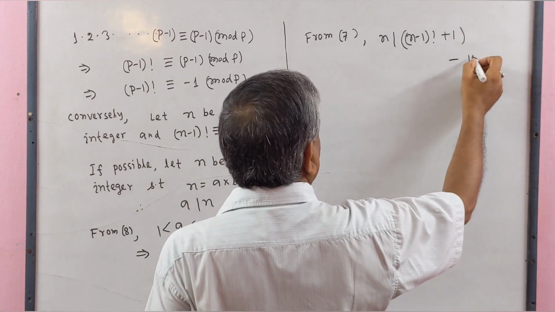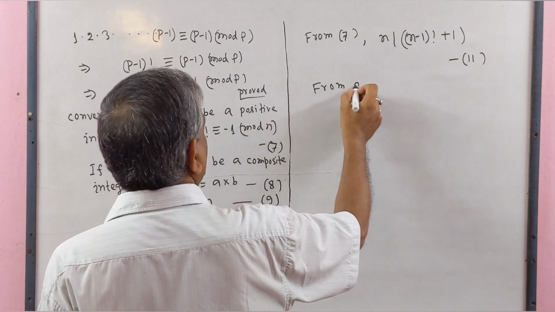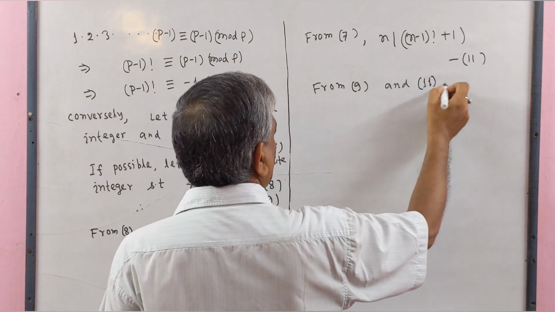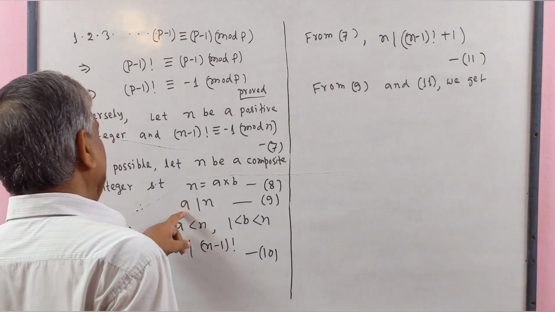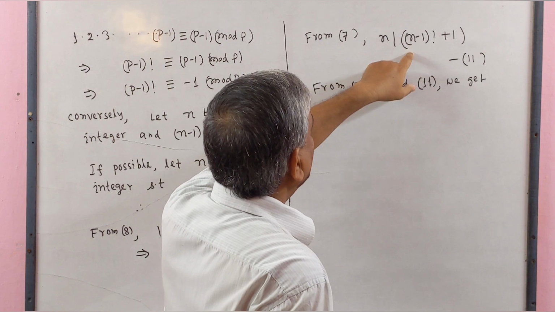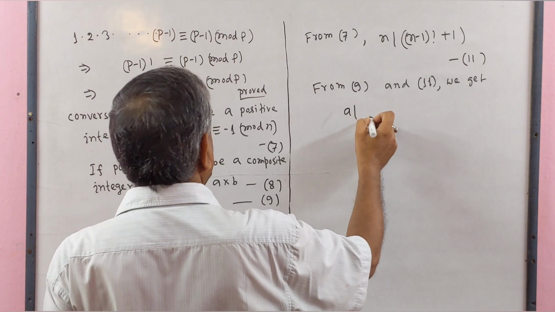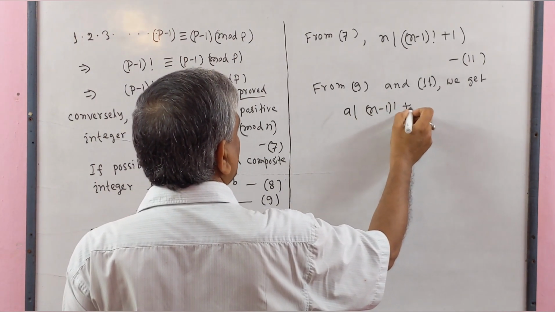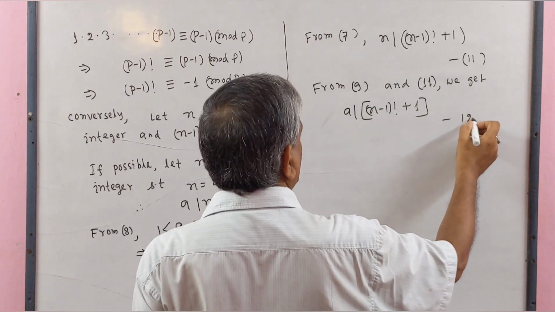This is number 11. From 9 and 11, we get, here in 9 a divides n, and here n divides factorial n minus 1 plus 1, so a divides factorial n minus 1 plus 1. Let this be 12.